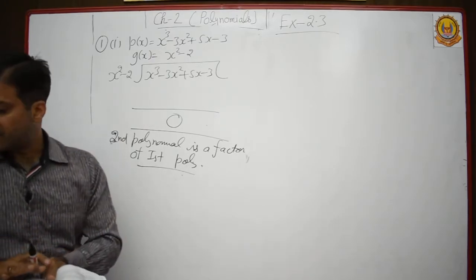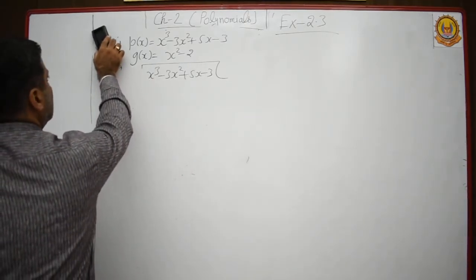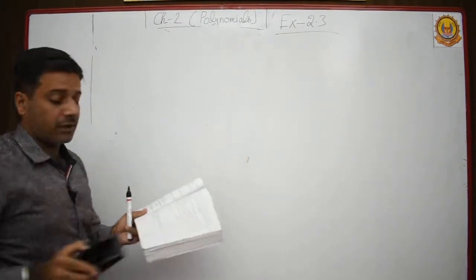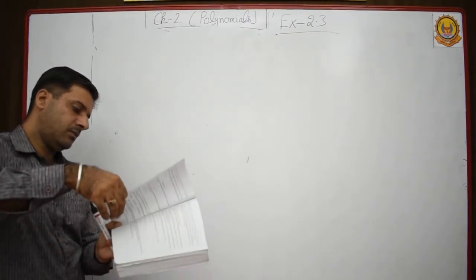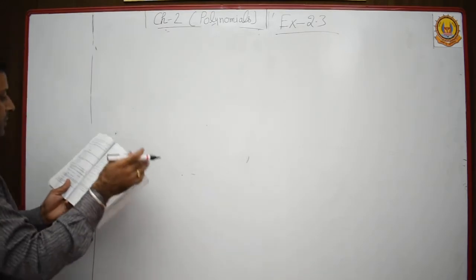Now look at question number 3. This is an important question, and one more example is there, example number 9. Both are the same. So this is a very important question.